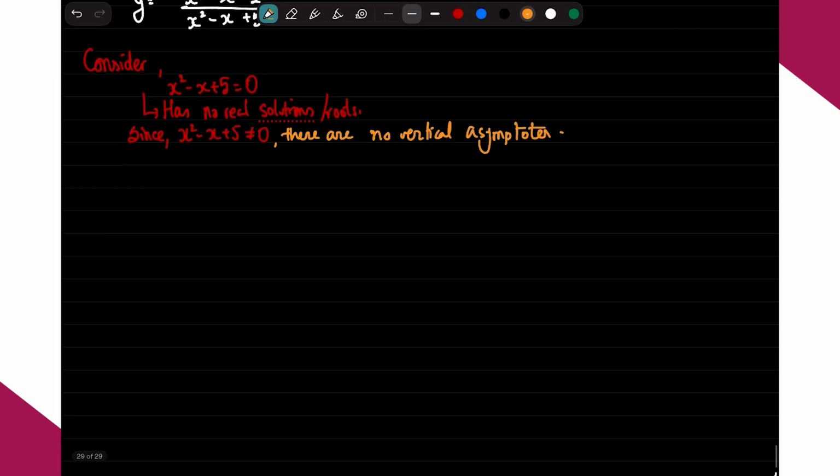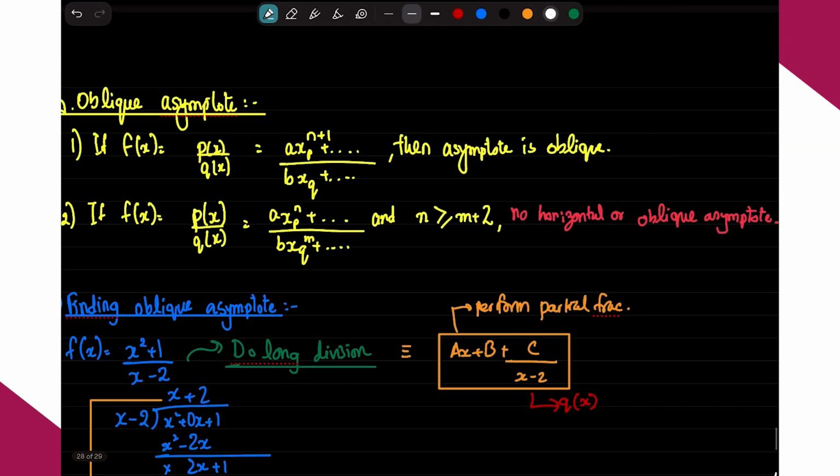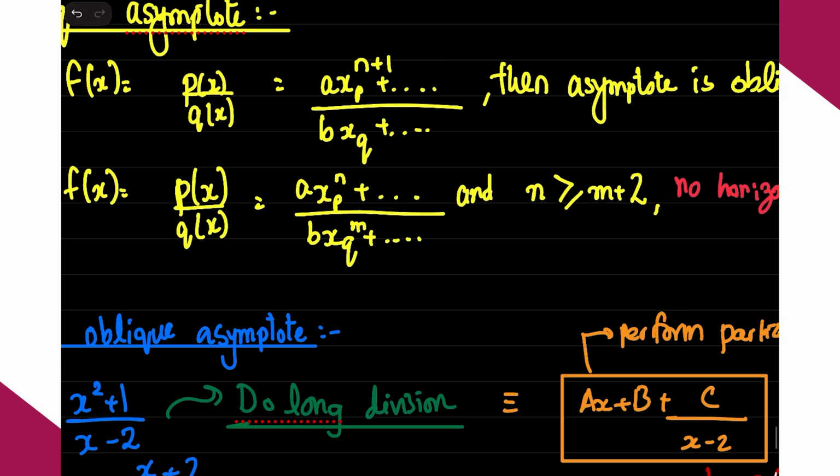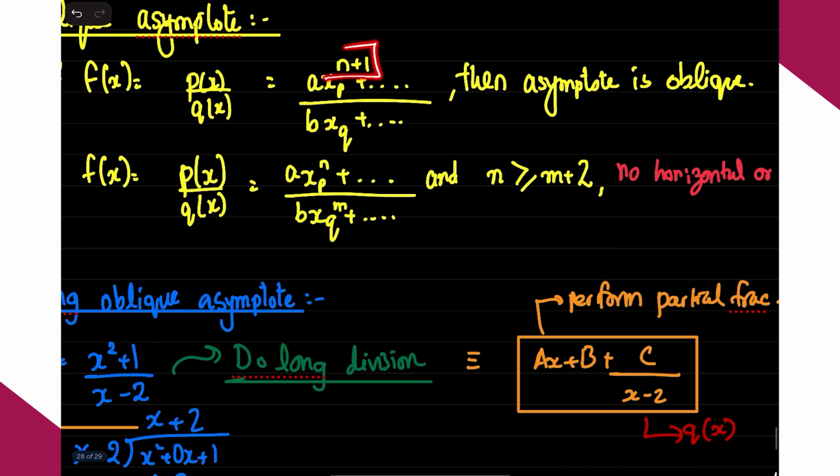So now what we're going to be doing is still trying to sketch the graph of this. This still might have a horizontal asymptote because, as you can see, we do have a power from the conditions that we have previously specified, that it has to be n plus 1 over. Okay, sorry, this is for the oblique asymptote.